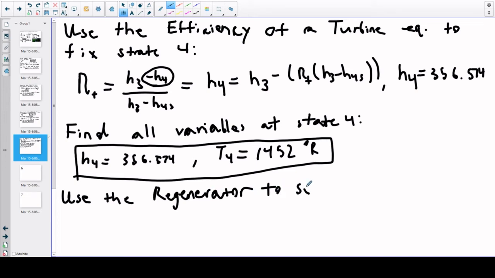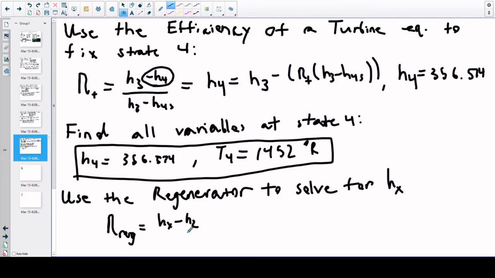State X is the product of the heat added between the regenerator top part. You know how the top is the exhaust and it's giving heat to the bottom part of the cycle? It is the product of that. So it's basically state 2 plus the heat added, the difference between 4 and 2.